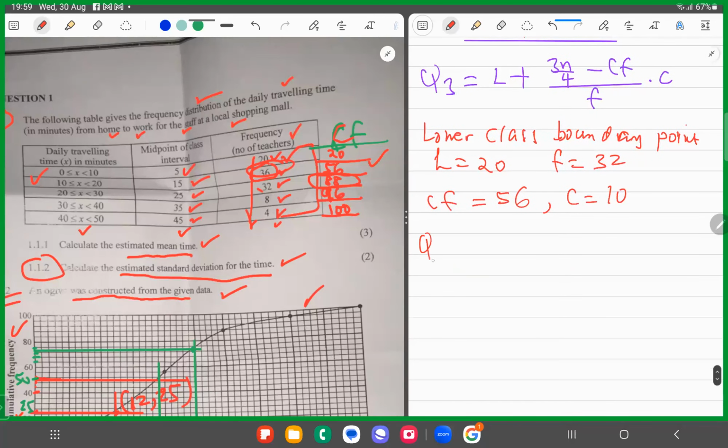So which means Q3, L is going to be 20 plus 3/4 N is going to be what? 100. CF 56.